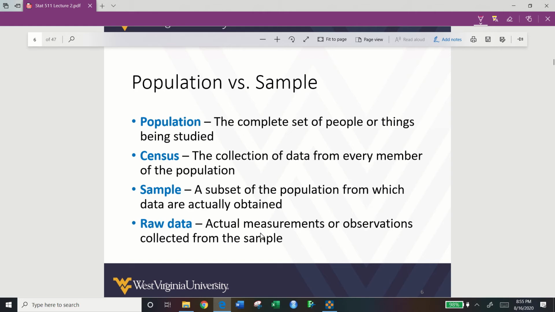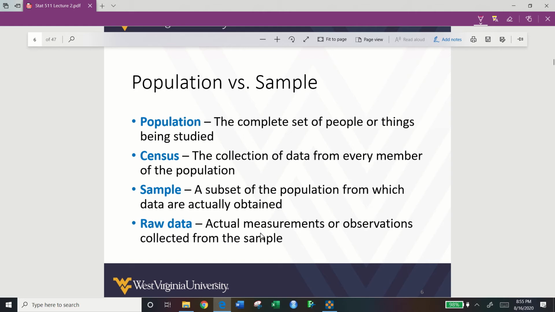The United States only does it once every 10 years for its population, but it is time consuming and it is expensive. What happens instead? Usually people take samples.